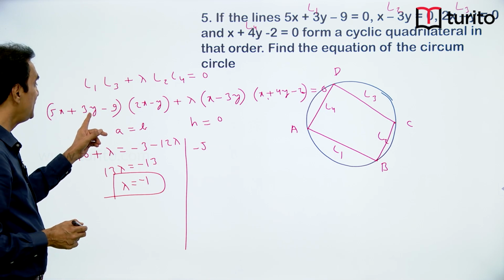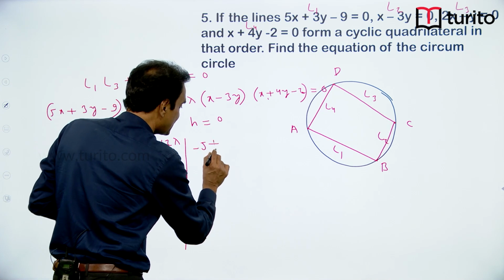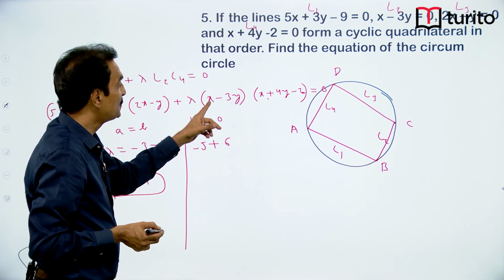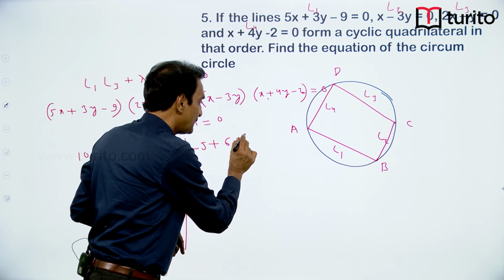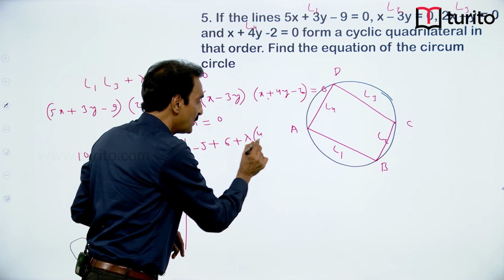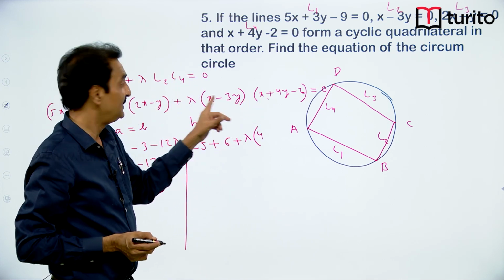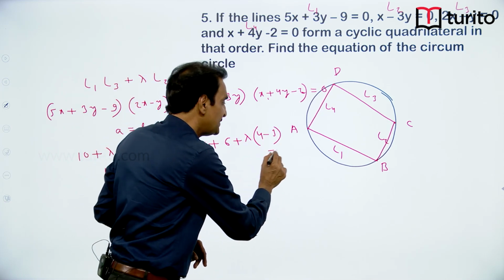Next 3y into 2x, 6xy, so plus 6. Here lambda into x into 4y, 4xy, so lambda into 4. Next minus 3y into x, minus 3 into lambda, so minus 3 should be 0.